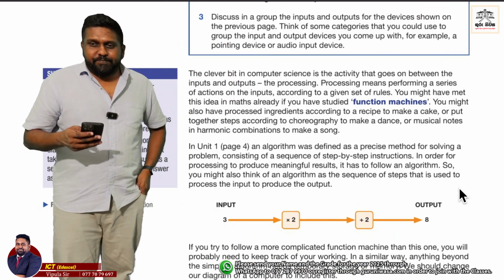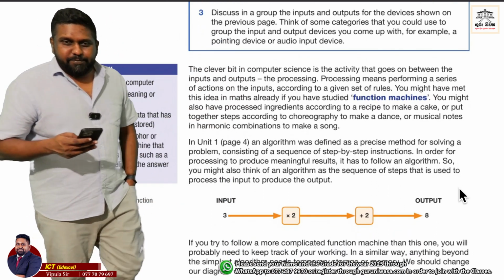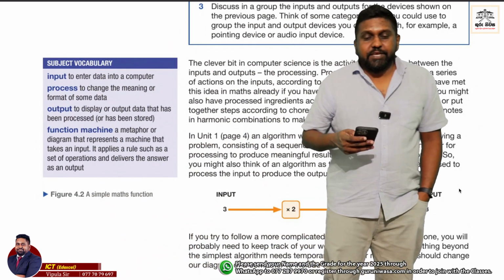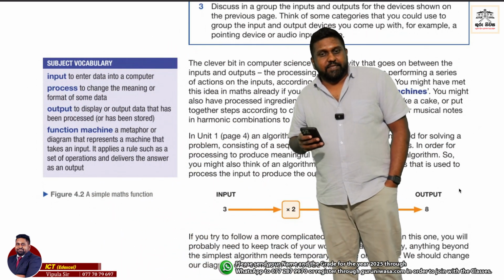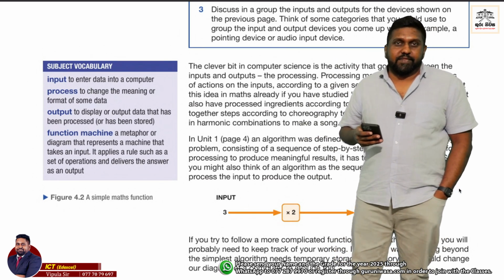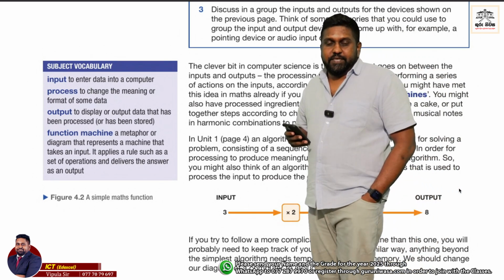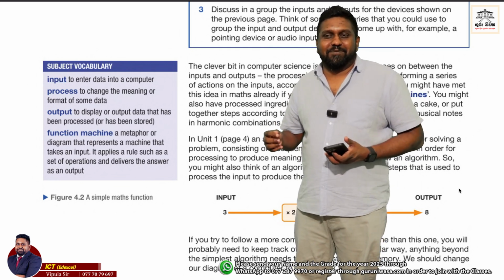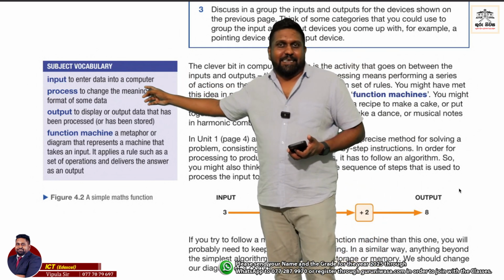Okay, so now the point again. We have a subject vocabulary. Guys, I want you to write this down. The subject vocabulary is, you have to write it down: input. Input means to enter data into the computer.